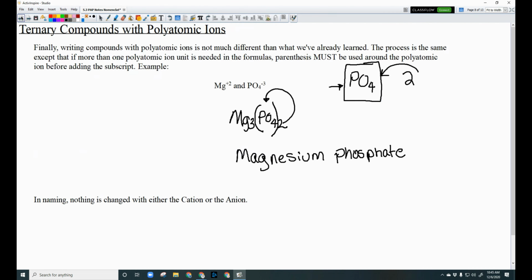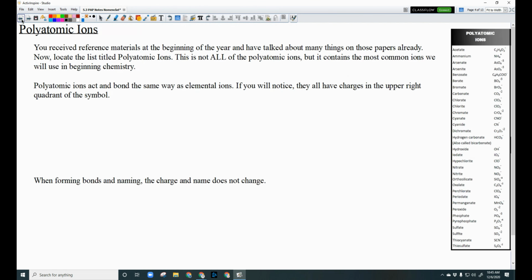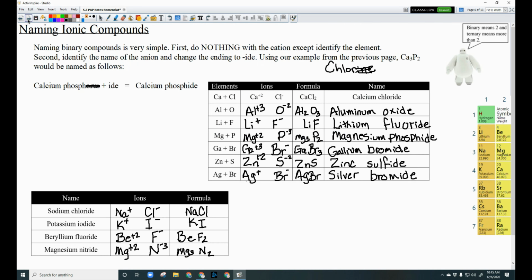Now, going back again to this chart, ammonium right here. Ammonium is the only polyatomic ion that we're going to use that is a positive cation. If you'll look, all of the rest of these are negative. So ammonium is the only one that's positive that we're going to use.